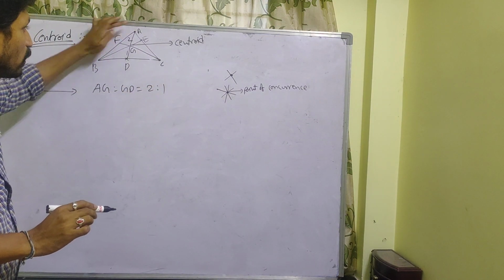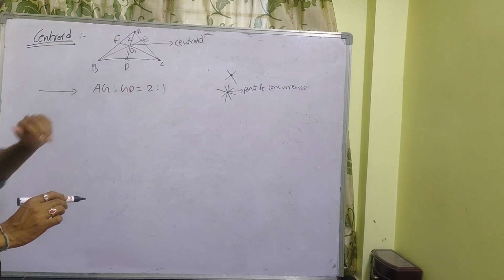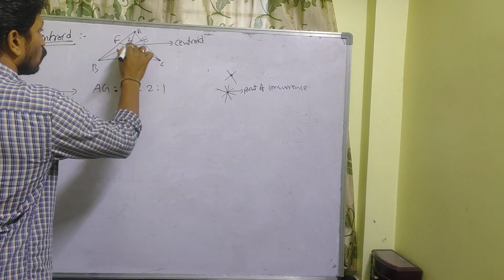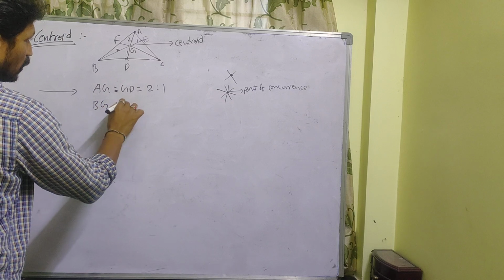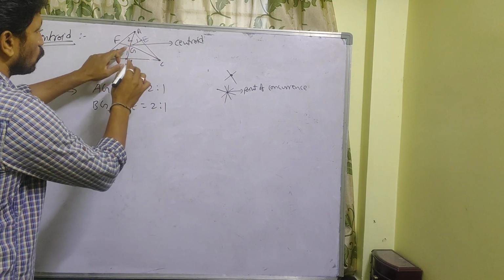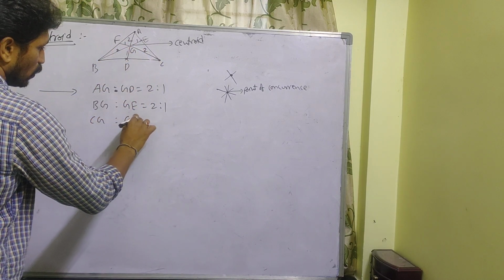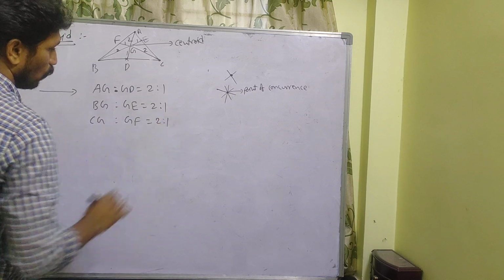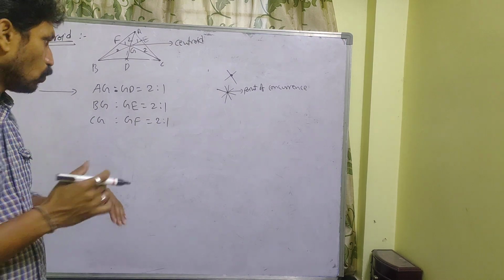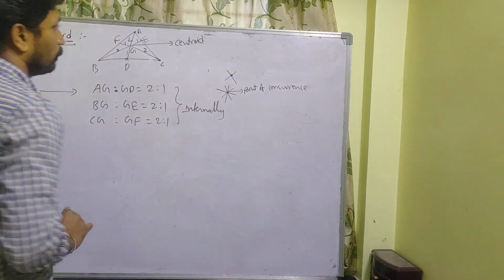Similarly, BG is to GE is 2:1, and CG is to GF is also 2:1. That means the centroid divides the median in the ratio 2:1 internally from the vertex side.